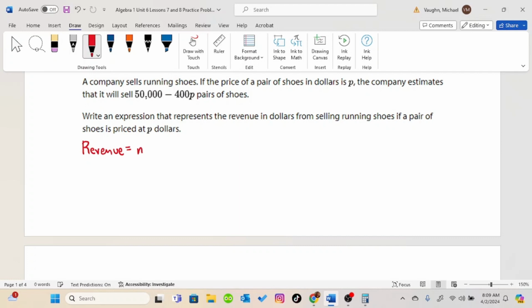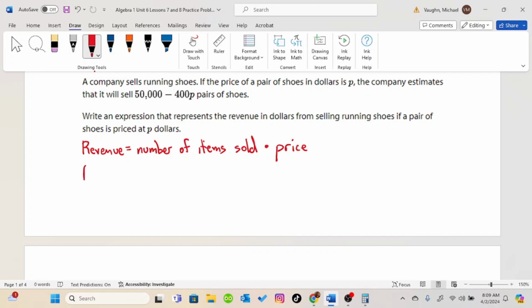is number of items sold times the price. It's the money that you make before paying expenses.